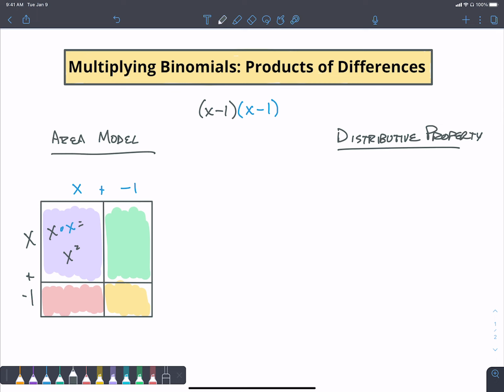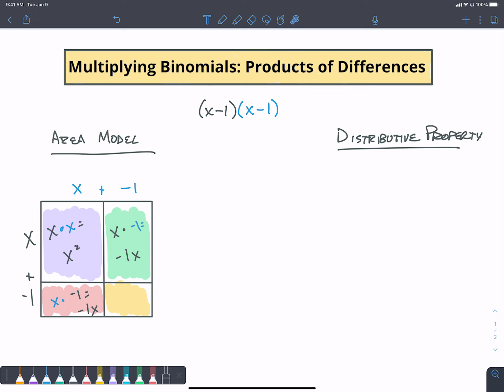We can still use the same technique. x times a negative 1 just means that we're going to have negative 1x. And then we're going to take this x here and multiply it by this negative 1. So now we've got x times negative 1, and that gives us another negative 1x.